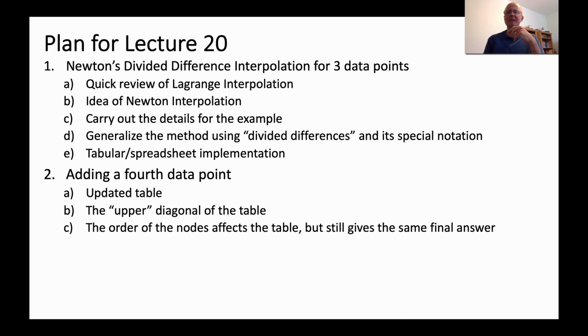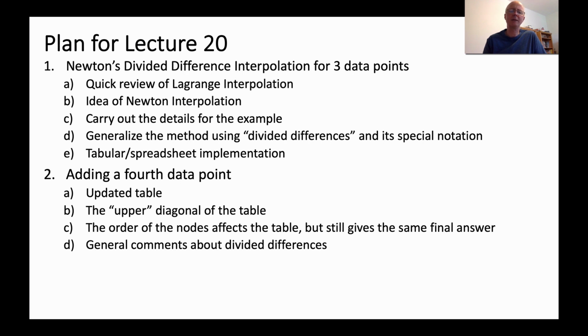It turns out, by some properties that you can verify algebraically, though it's messy, that the order of the nodes does affect the numbers in the table, but not the final answer, not the final polynomial, and not the final approximation, when you simplify things at least. Okay? It does affect the intermediate calculations though.